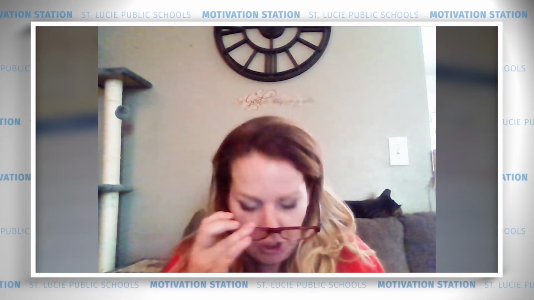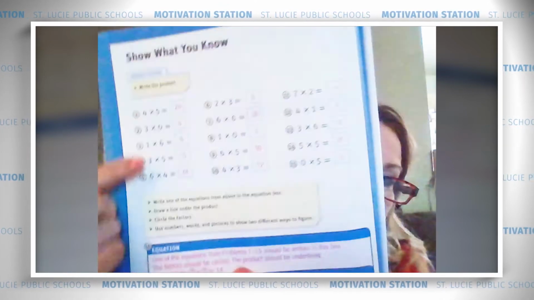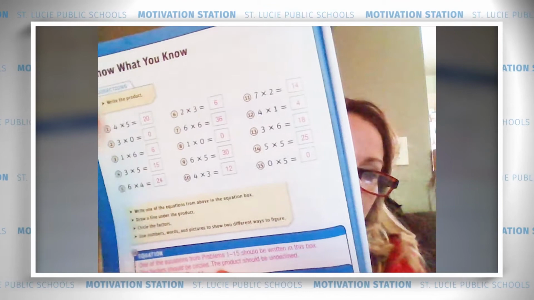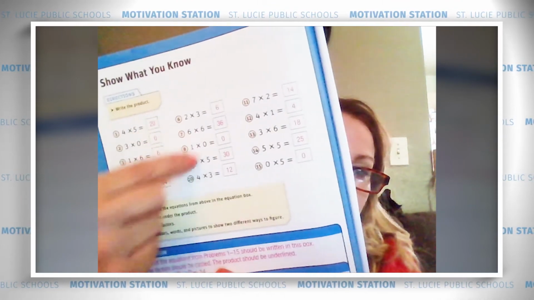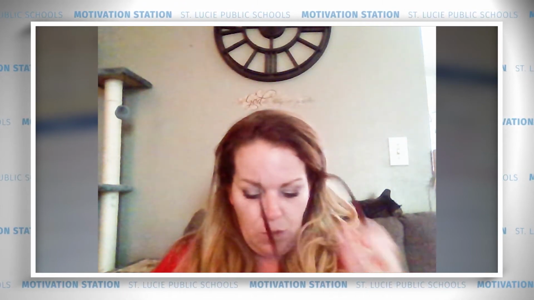Okay, the next section says write one of the equations from above in the equation box. So you're going to pick one of these equations and write it down here in the equation box. Draw a line under the product. So we are checking for vocabulary understanding. Circle the factors.